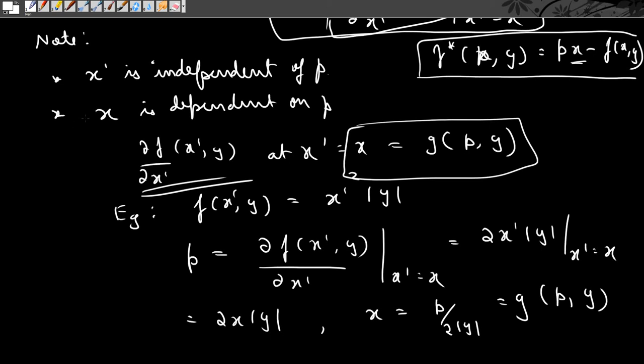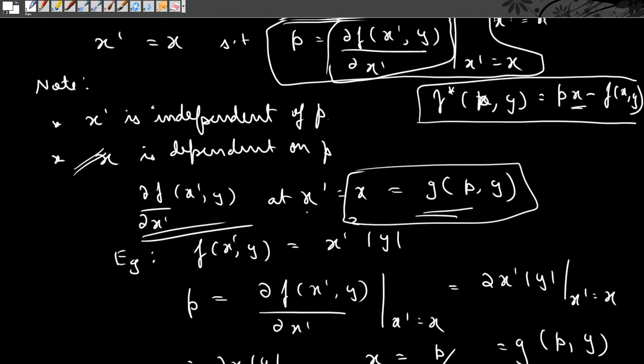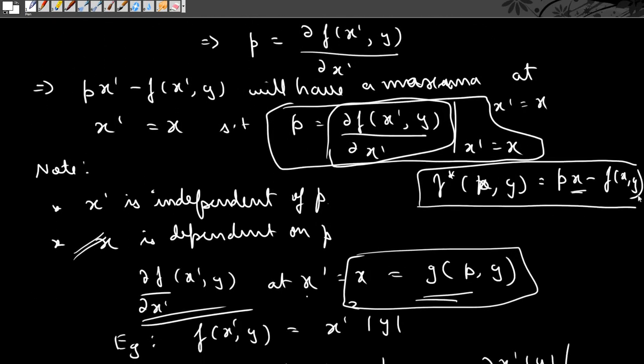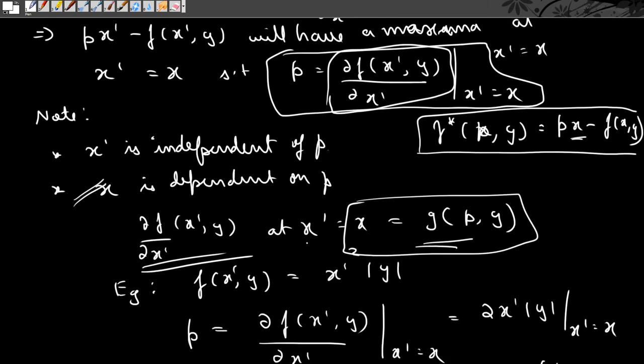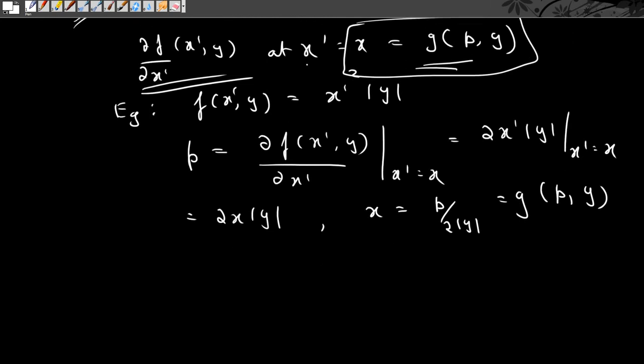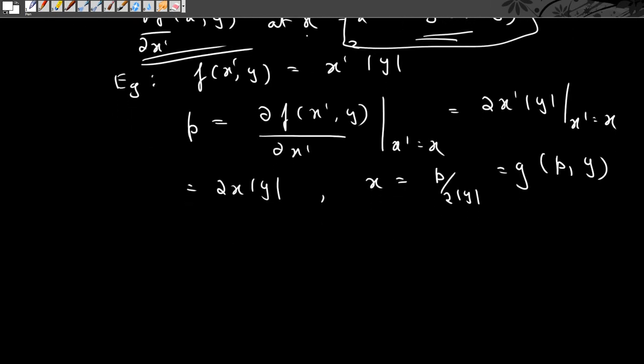That is why I am saying x is dependent on p, whereas we cannot write x dash in this form. Therefore x dash is independent of p. That is why I used x dash initially, to make sure that our final result is in terms of x. This avoids some confusion, and that is the reason I did it.